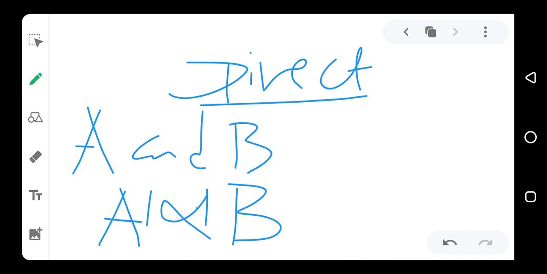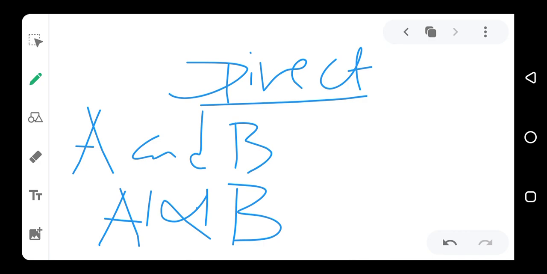Variation is also called proportion. So whenever we are talking about variation, we are also talking about a special form of proportion.